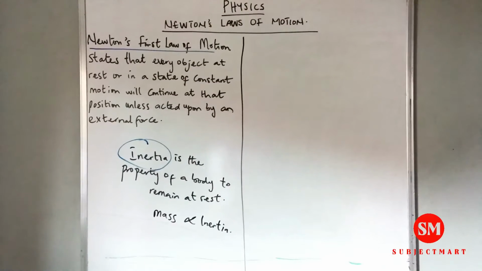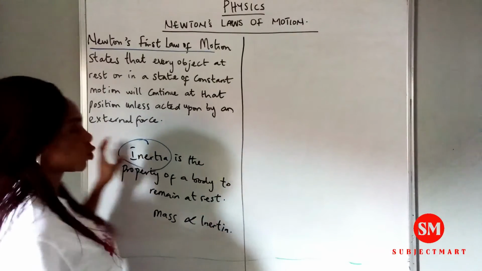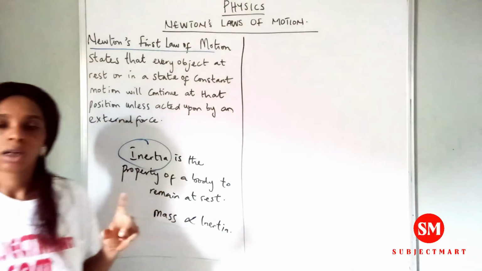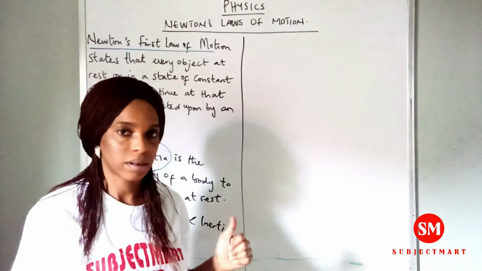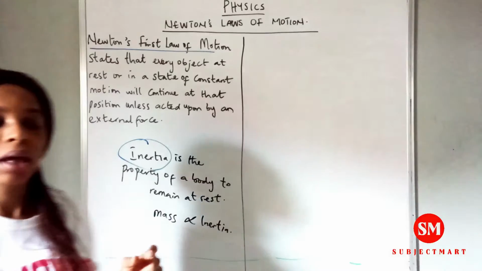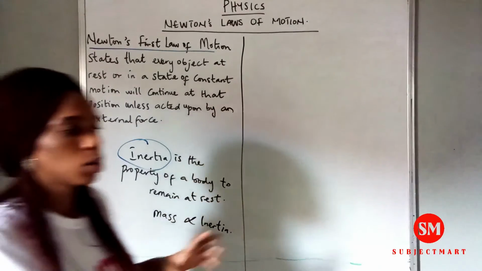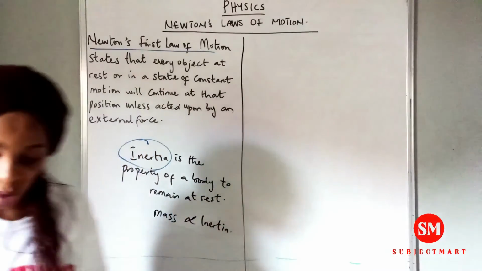Quickly, I would like to clarify a concept here. Newton's law of motion is not only limited to bodies at rest. It's also applicable to a body experiencing constant speed.